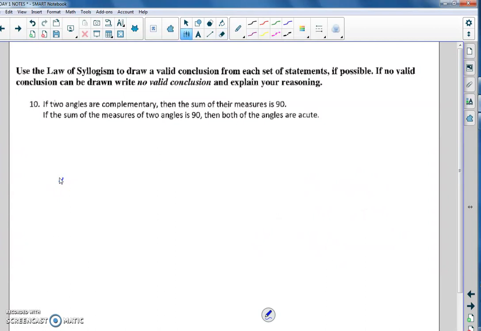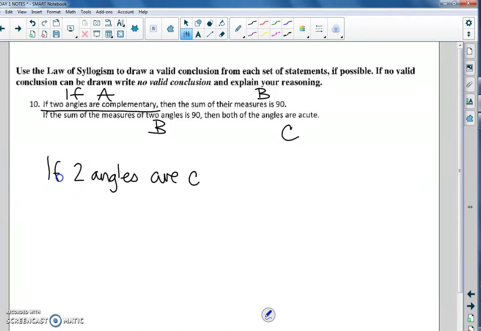If two angles are complementary, so this is like my A, then the sum of their measures is 90. If the sum of the measures of two angles is 90, then both of the angles are acute. So the way you use law of syllogism is your conclusion then is you take the beginning, the two angles are complementary, and you connect it all the way to the end.